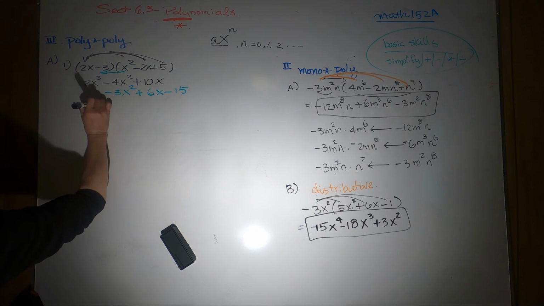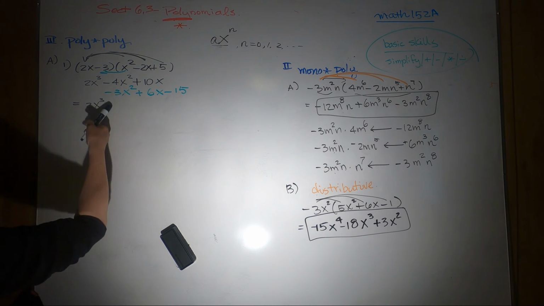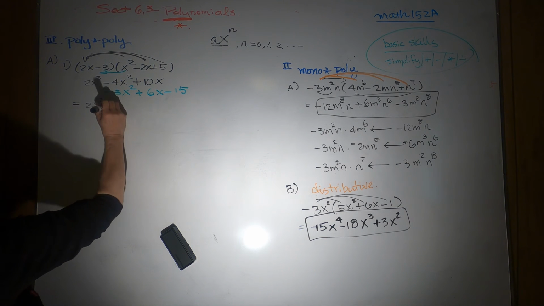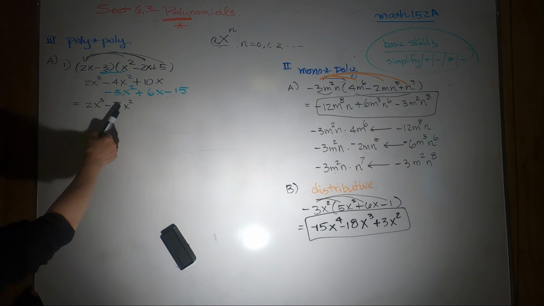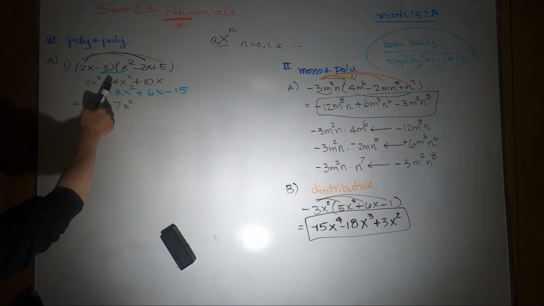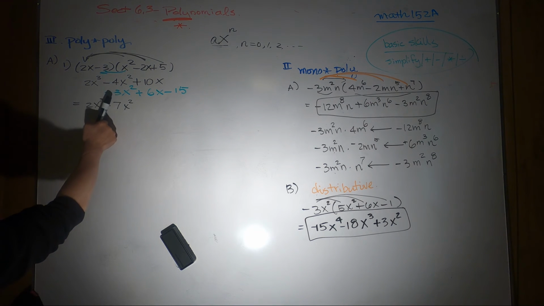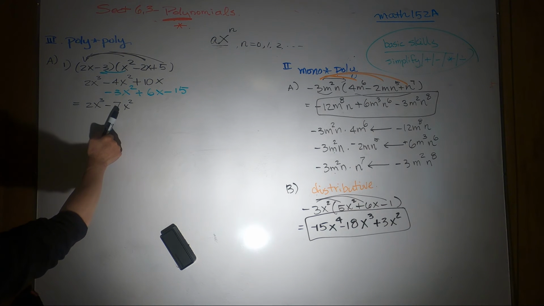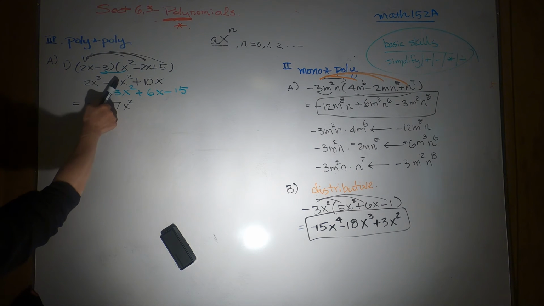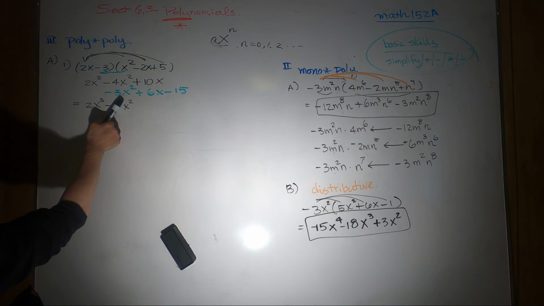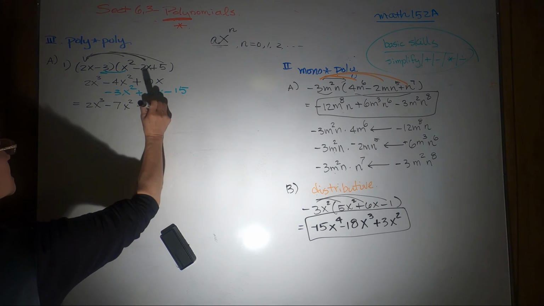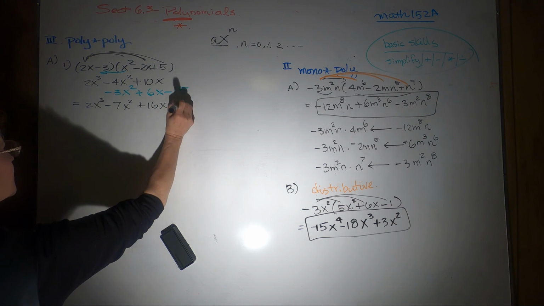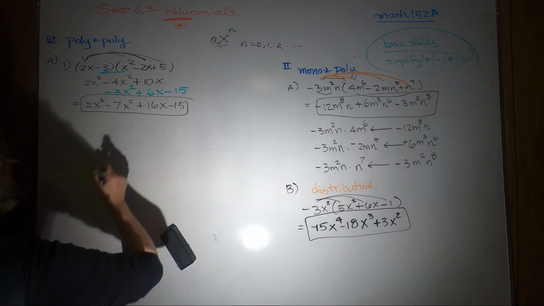So that would be 2x cubed, and this one will be negative 4, negative 3, negative 7x squared, right? Don't give me x to the fourth, because dollars plus dollars is still dollars, not dollars squared. So whatever the terms they are, they keep the terms, right? And this one is 16x minus 15, right?